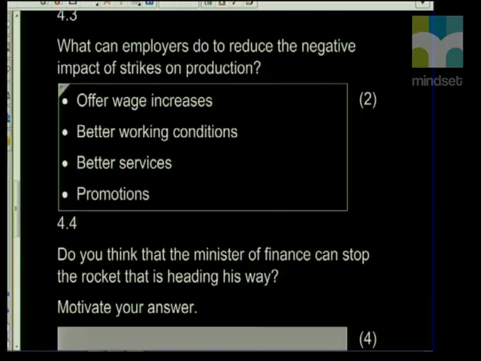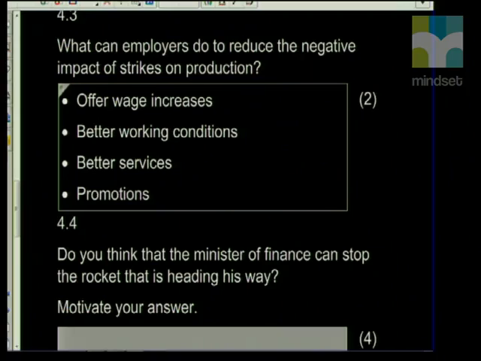I'm sure if in whatever mine was involved recently, if that offer was given 4 months ago, they would long have gone back, because this is what they want. To reduce the negative impact of strikes on production: wage increase, better working conditions, better services, promotions, and others which may be relevant.